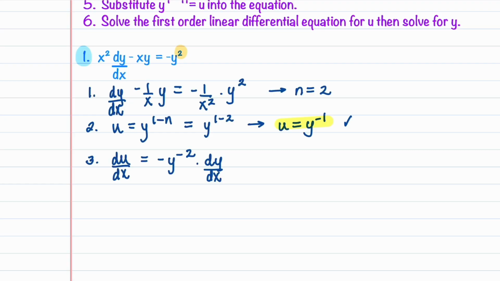Let's now solve for dy dx. So I'm going to bring that over here to the left. Dy dx is equal to minus y squared times du dx.